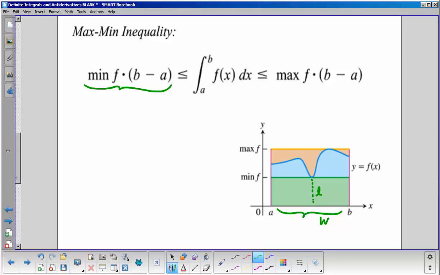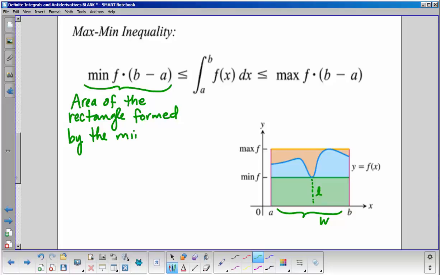This is the area of the rectangle formed by the minimum of f.